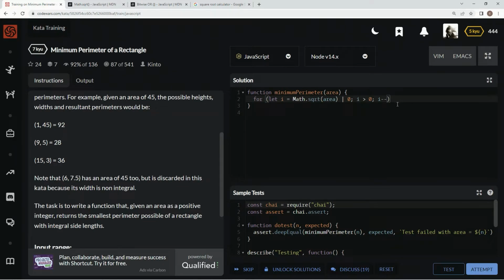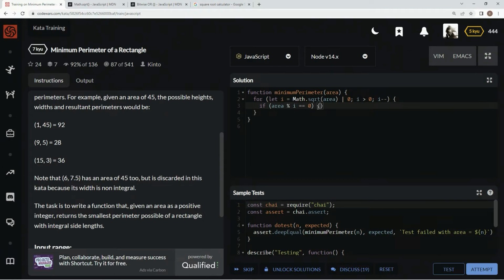Let me show you what we're going to do. We're going to say if area remainder operator i equals 0. So if i is 6, clearly that's not going to work. Let's say it's 45 divided by 5. That's going to be 9, remainder 0, right? So 5 will be our i.